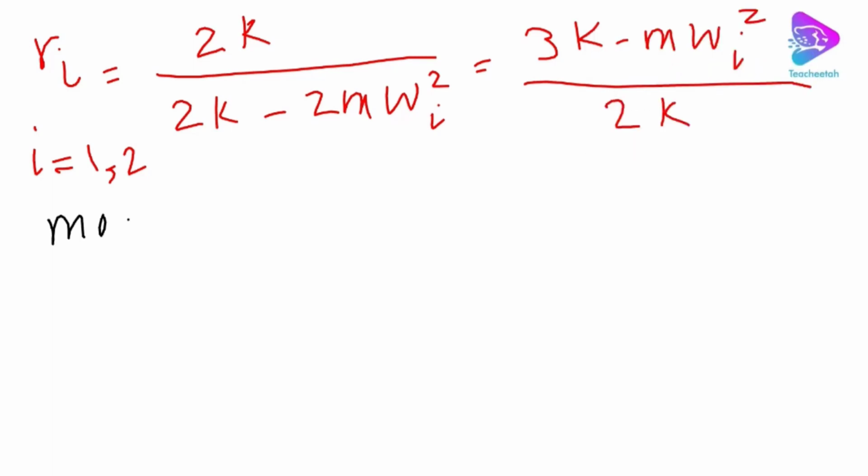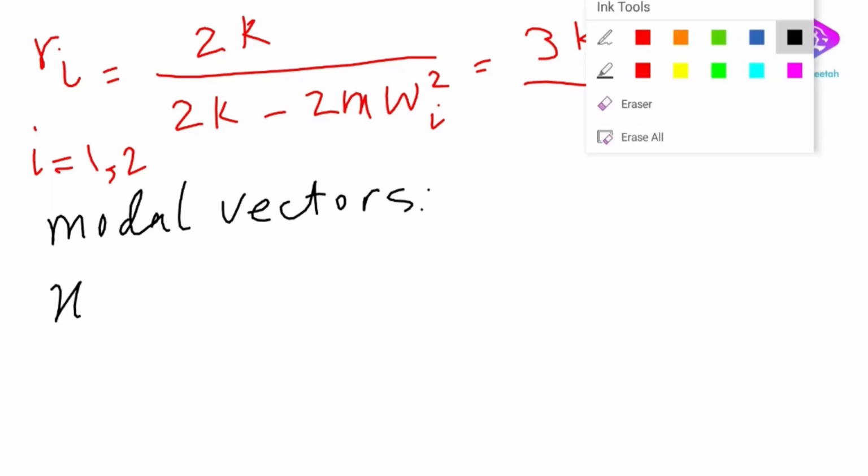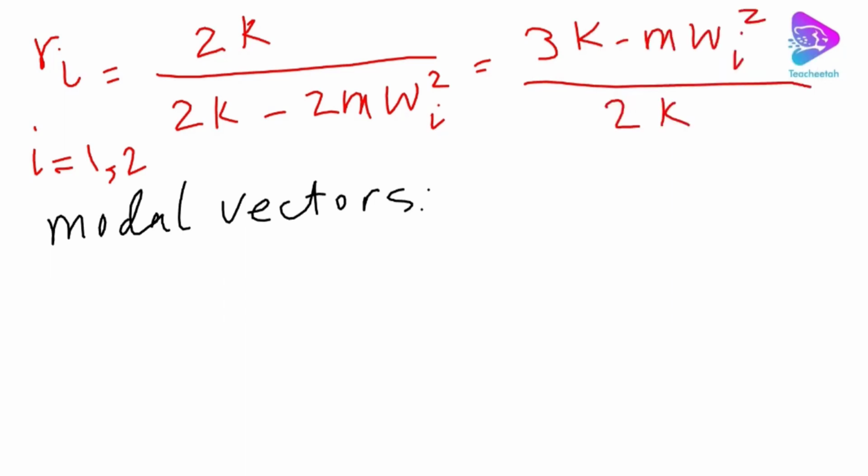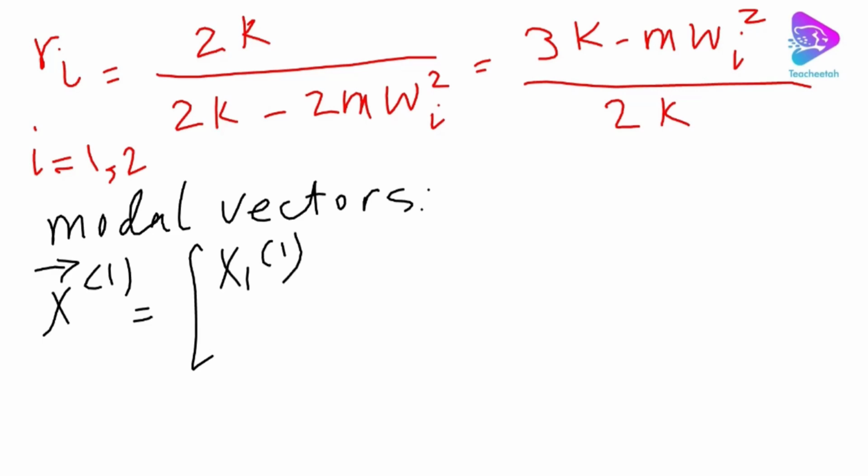The modal vectors would be, for the first one, x1 equal to x11 and r1 x11, because it's x2.